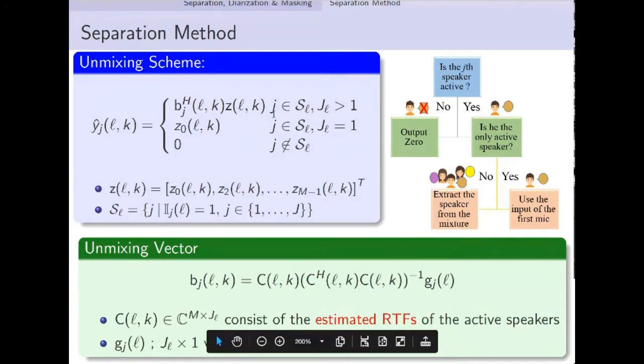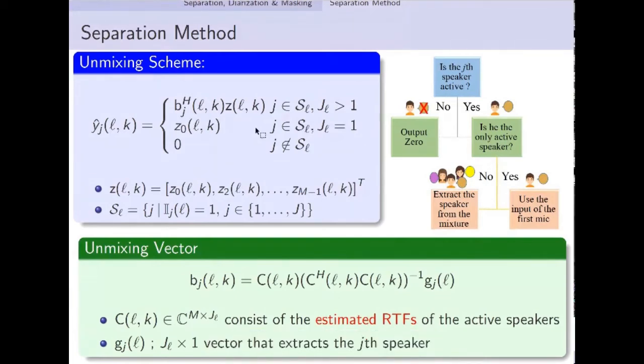So we have several options, and all of them are controlled by the activity pattern which we need to blindly extract from the data. I also denote by S_L, this calligraphic S, the set of all active speakers per frame L, so all speakers for which the indicator is 1.